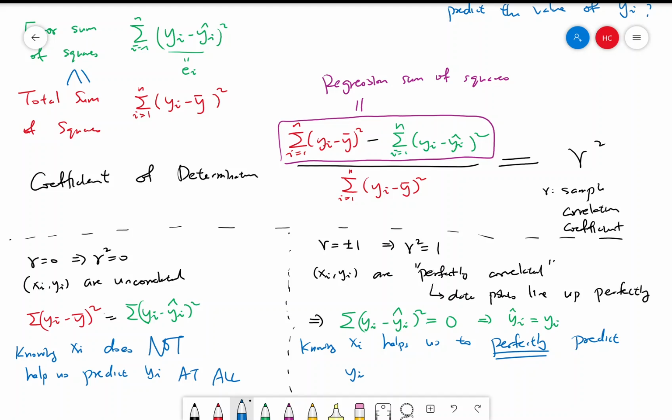Yep, so that's the two extreme cases. When r is 0, the value of xi does not help you to know anything about the value of yi. If r is plus minus 1, then knowing xi directly implies that we know the exact value of yi. But in most cases, r is between these two values, so the scale goes from 0 to 1.